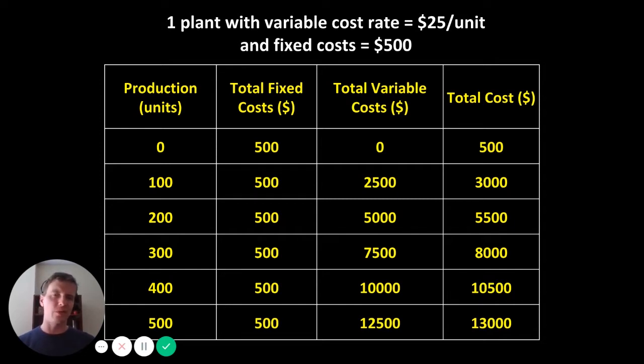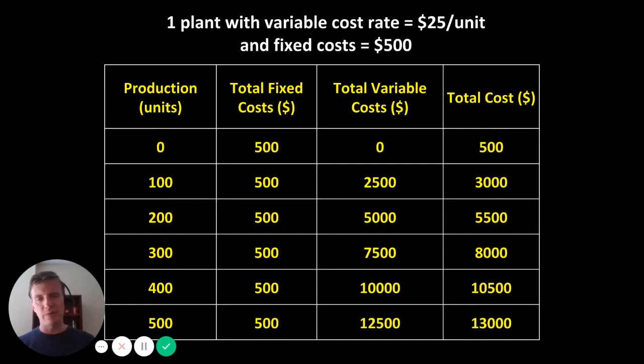The last column is total costs. So total cost is just total fixed costs plus total variable cost for each level of production. So in the first row, total cost is just our total fixed cost, because we're not producing anything, but we still have a cost that's associated with the fixed cost. So in the first line, the total cost is $500.